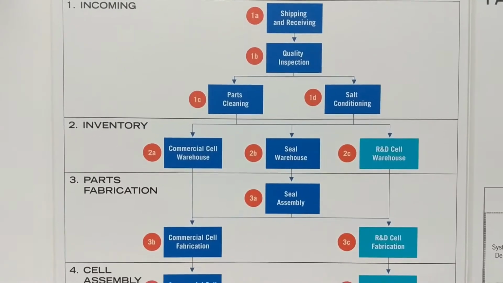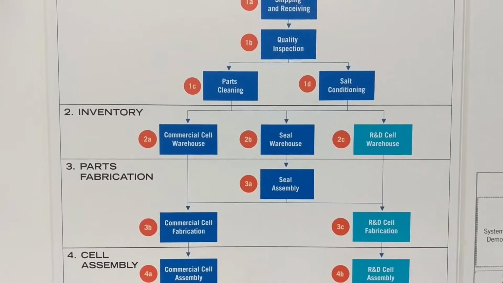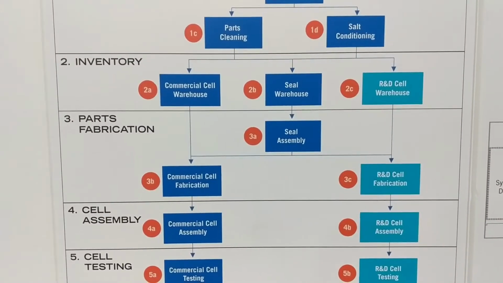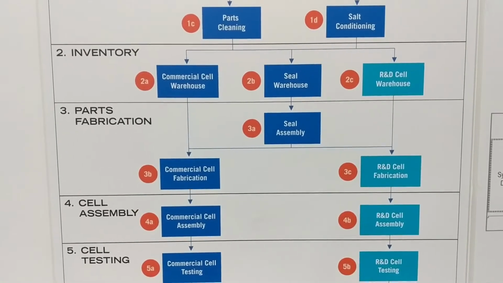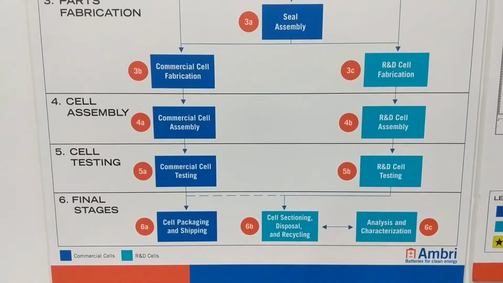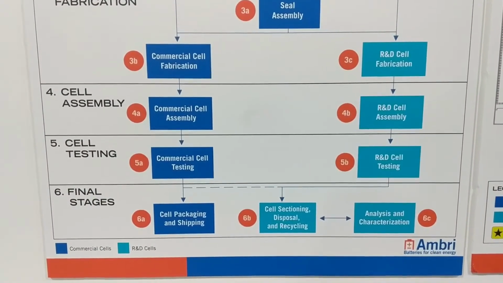Those parts then go into inventory, either into our commercial cell warehouse, seal warehouse, or R&D cell warehouse. We then fabricate the components, including fabrication of the seal technology, as well as the R&D and commercial cells. Assemble those components into cells, filling them with the molten salt and the active calcium and antimony metals.